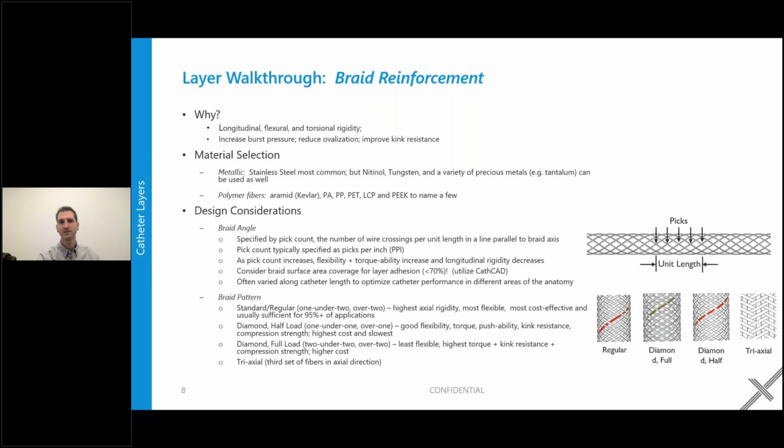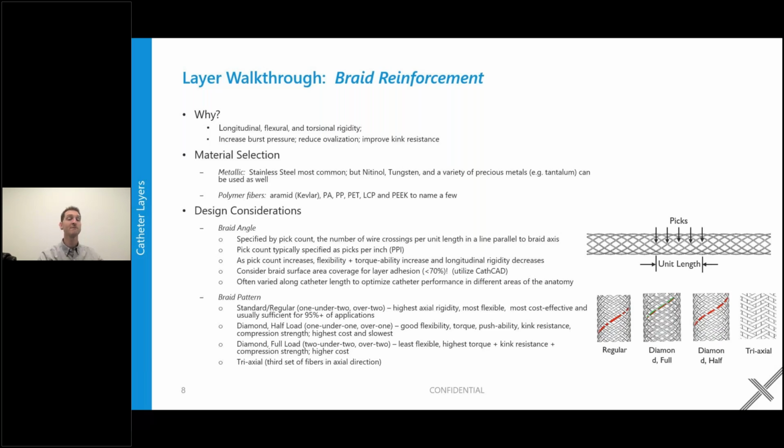From the testing that we've done, with both the theoretical and the physical testing that we've seen, 95% plus, you're going to use regular pattern. It's really kind of some of those outlier cases where you really need just that last percent of difference that you're going to get out of changing the pattern. But really, it's kind of a waste of money most of the time. Just stick with standard pattern.